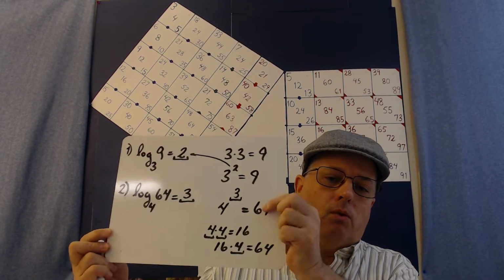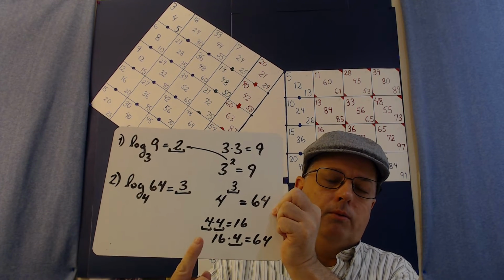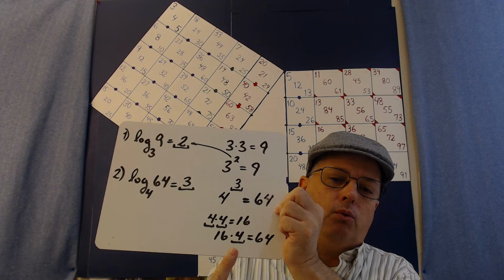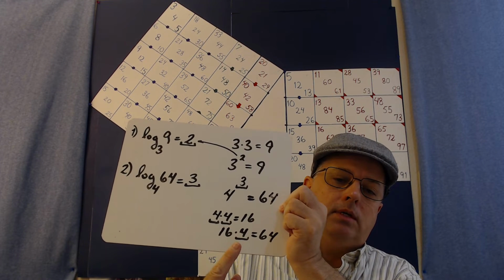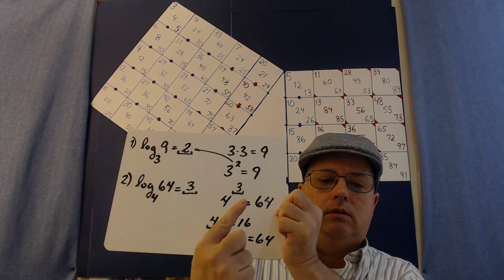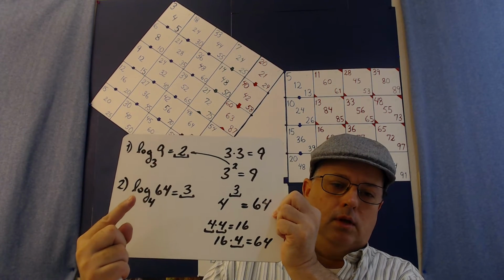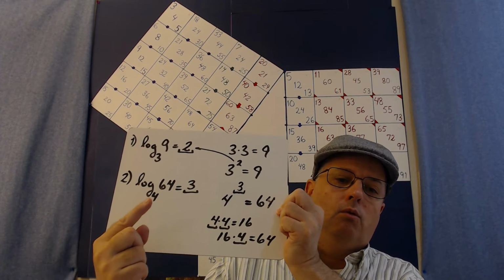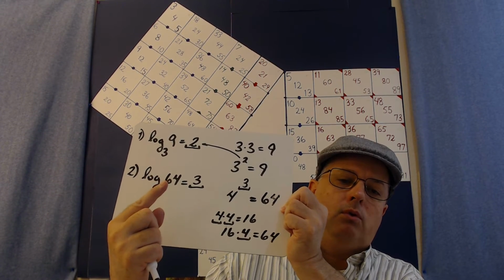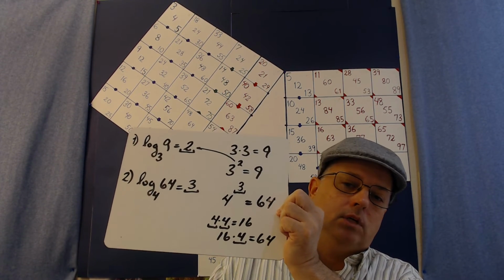What power of 4 gives us 64? Well, it would take 4 times 4 times 4 to give us 64. It would take 3 4s multiplied by themselves to give us 64. So 4 to the third is 64. And so thus, log base 4 of 64 is 3. What power of 4 is 64? The third power of 4 is 64. That's it.